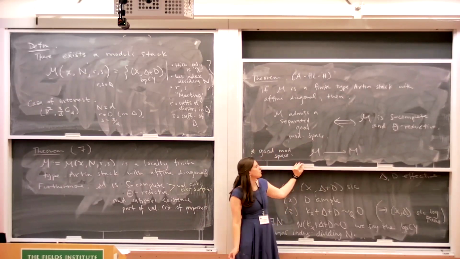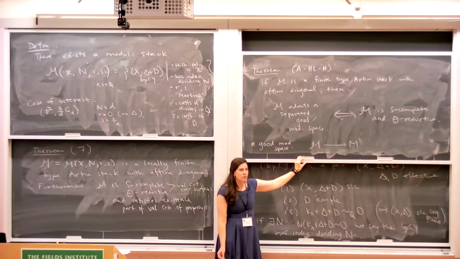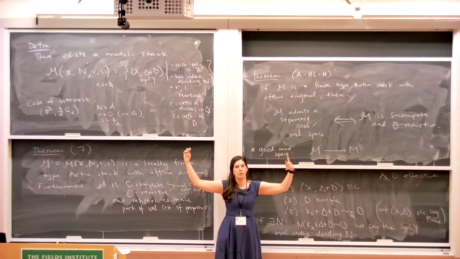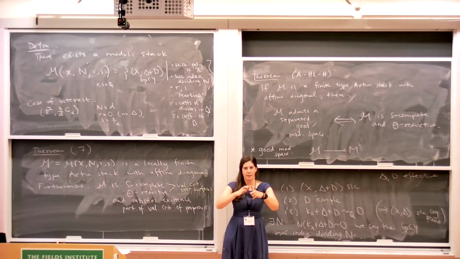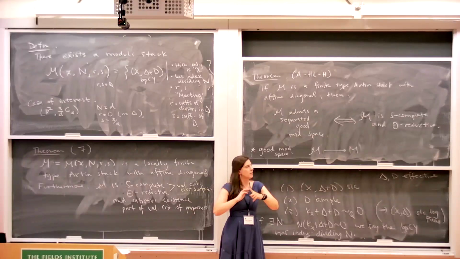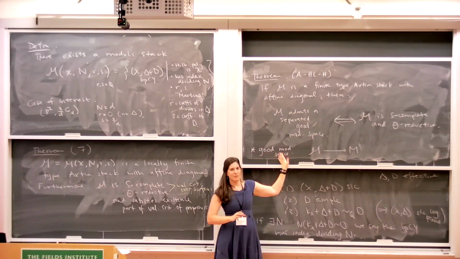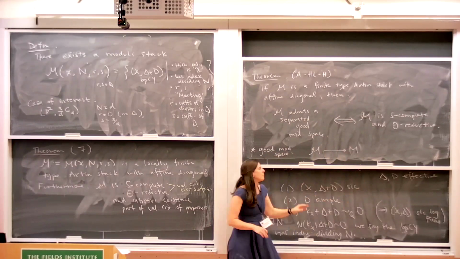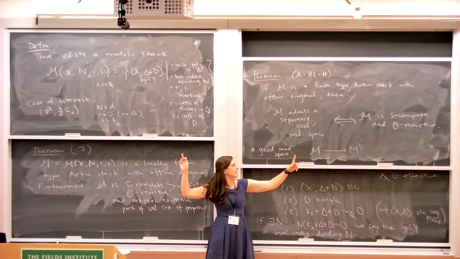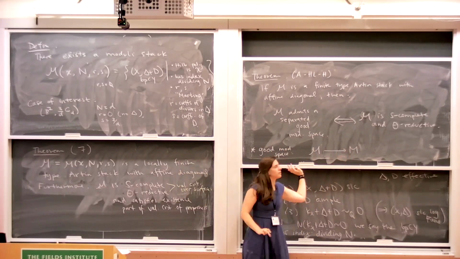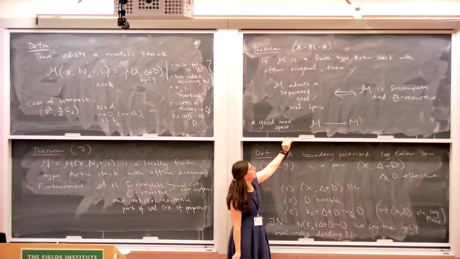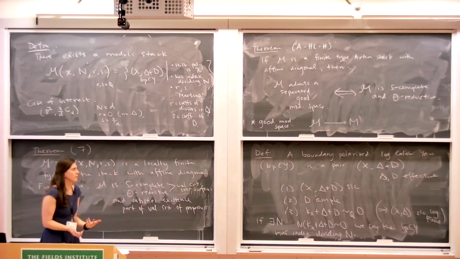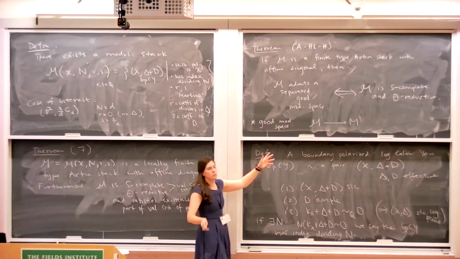But what a good moduli space does is that geometrically it identifies two elements in the moduli stack if and only if their closures intersect in that stack. Even though that's not the definition of good moduli space, that is the consequence. Two elements in curly M get identified with the same point in Roman M if and only if their closures intersect. So in terms of moduli, even if you think about geometric invariant theory, that's the exact notion we're trying to capture.